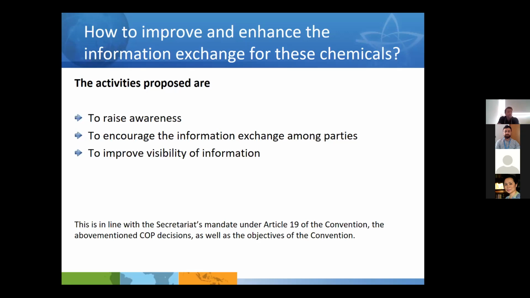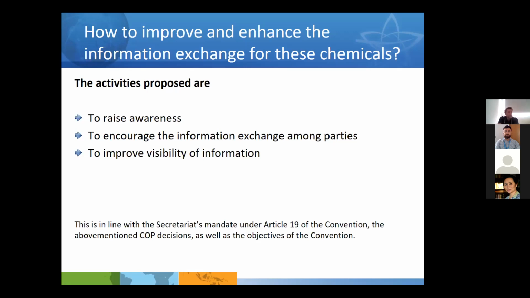So we need to see this presentation from the Secretariat side and the COP decision addressing this problem from this perspective, namely giving a chance for all the parties in deciding or providing information on how these chemicals are being used at national level, and incentivizing them to share this information with the rest of the parties and with the global community, maybe even taking certain risk mitigation measures at national level, if not taken already, and sharing this information with the Secretariat.